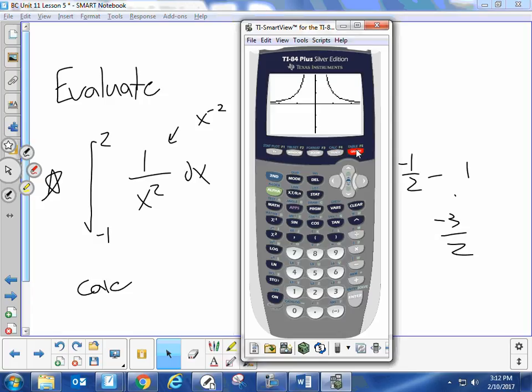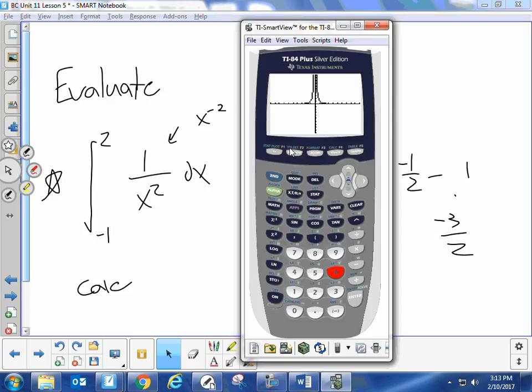Or don't have? Does the graph ever connect up here? Can I plug in 0 into this function?